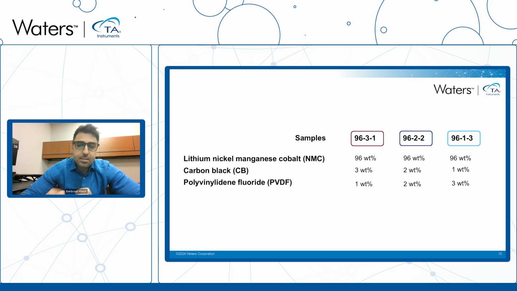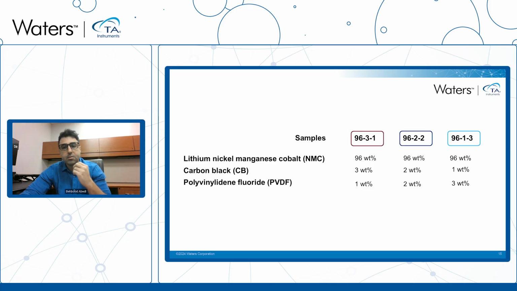So here we have sample 9631, which is 96 weight percent NMC, 3 weight percent carbon black, and 1 weight percent PVDF. So this sample has the highest amount of carbon black.